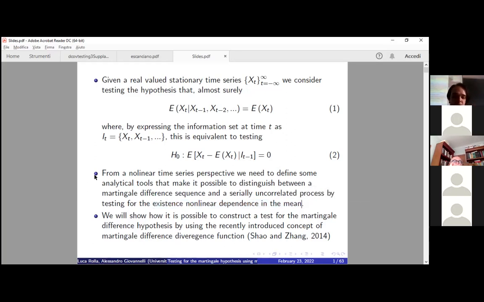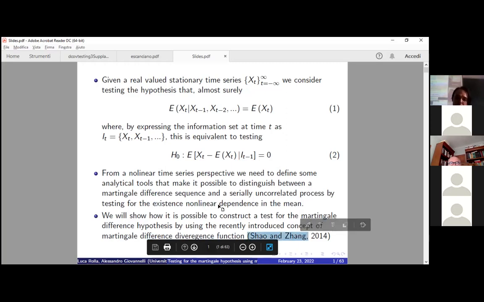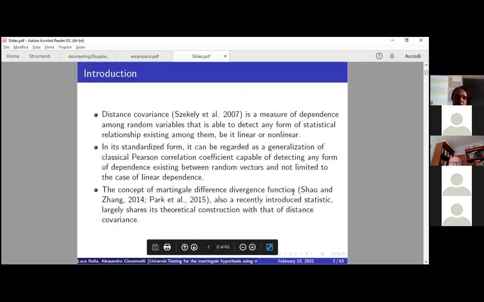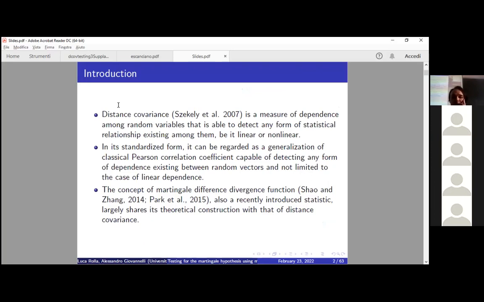We will construct a test for this hypothesis using the recently introduced martingale difference divergence function, from the paper by Shao in 2014. Martingale difference divergence is a concept that originated from another function, which is distance covariance.